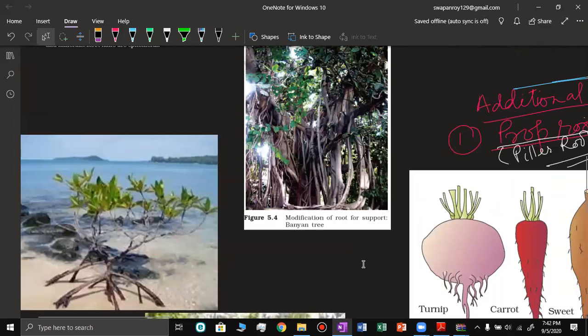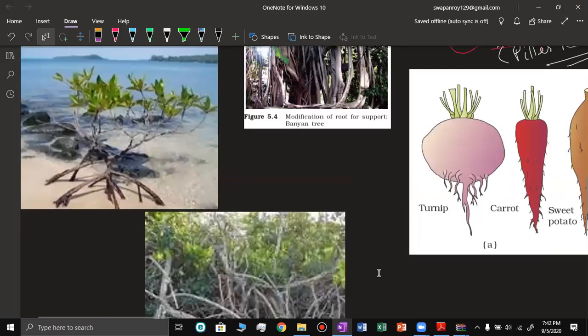Next, one type of root is called pneumatophore.